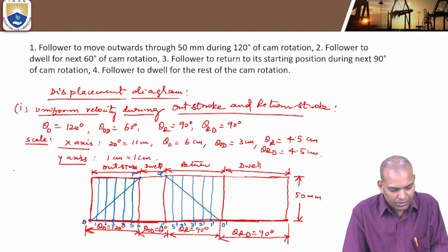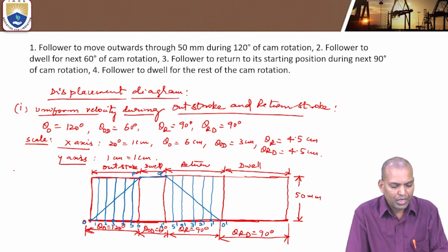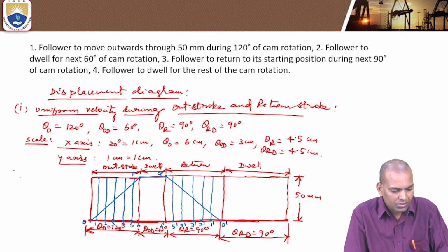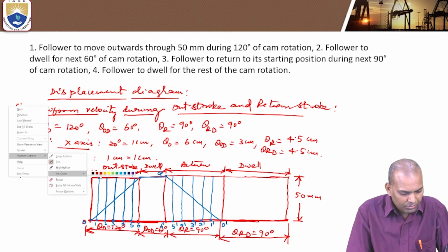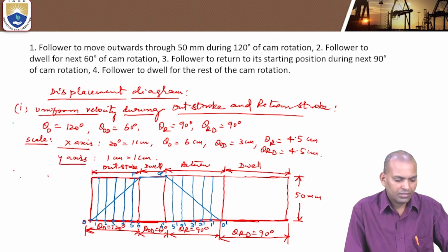So this is the curve O, P, Q and O dash. That curve is the displacement curve. Again, I am drawing it here.